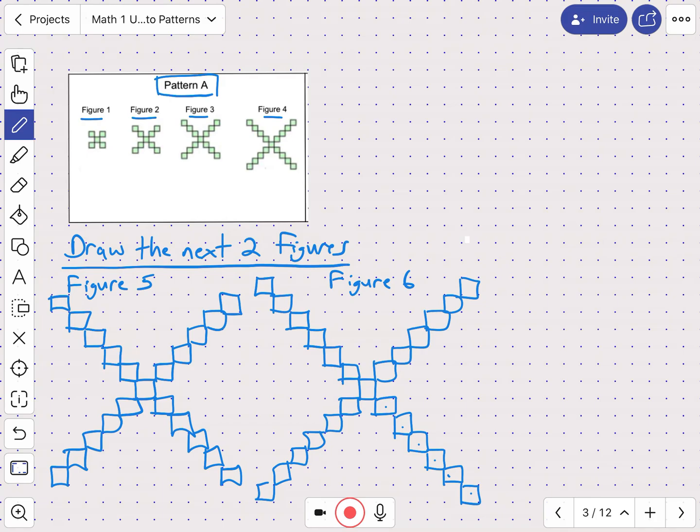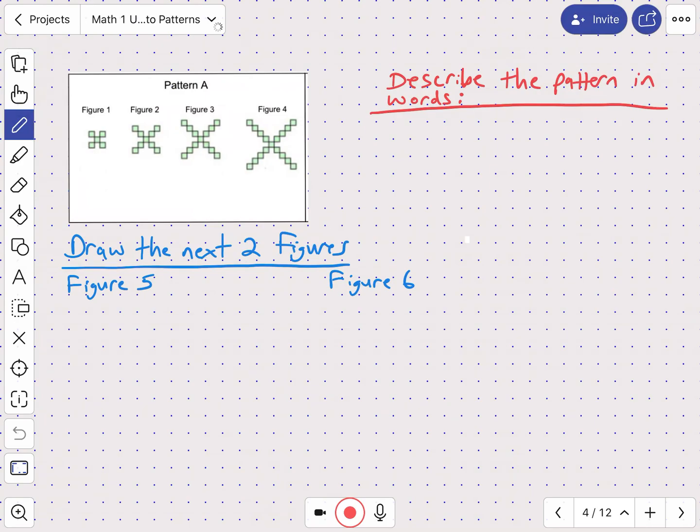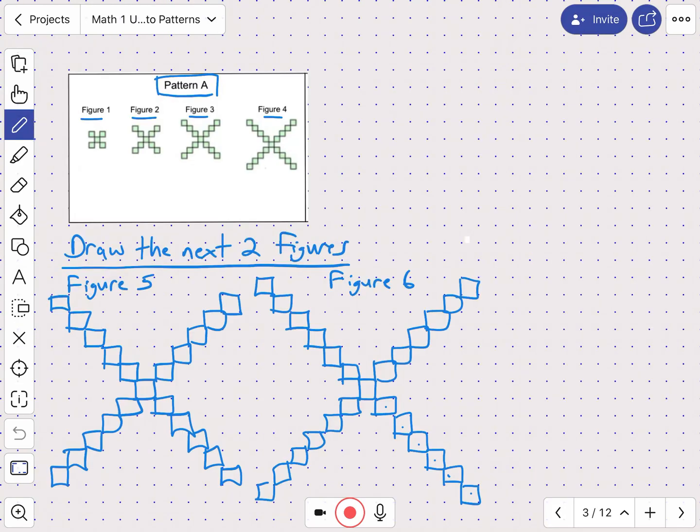Now, the next thing I want you to do is write somewhere on this page, we're going to describe this pattern in words. So on the top right, we are going to describe the pattern.